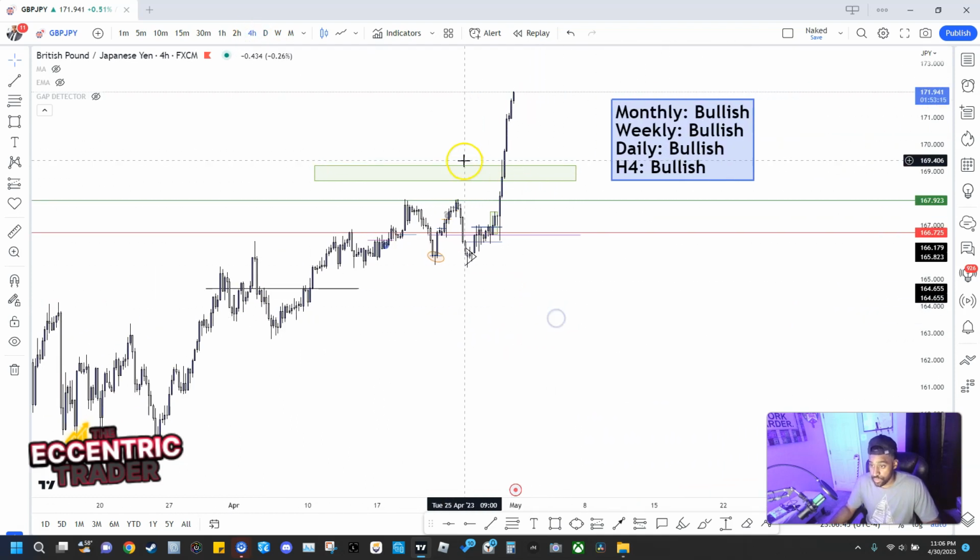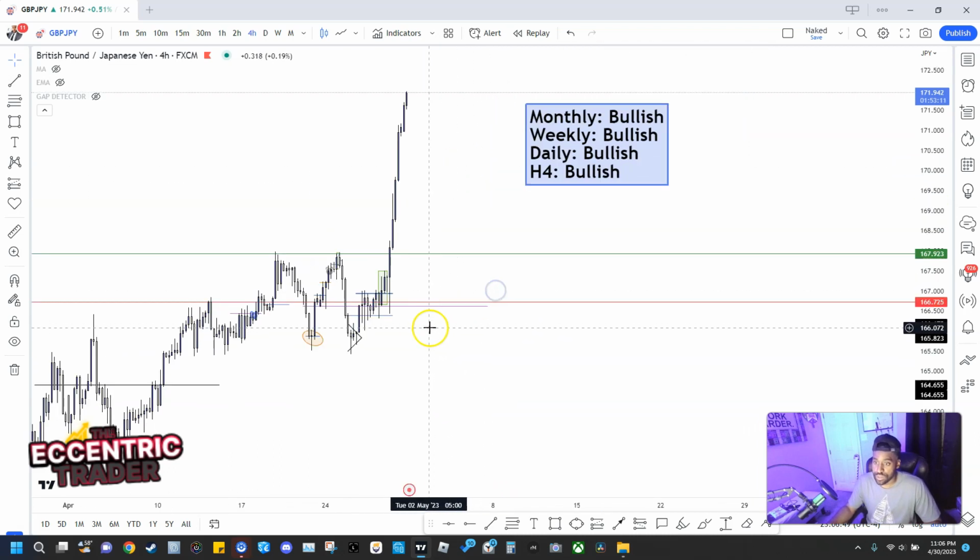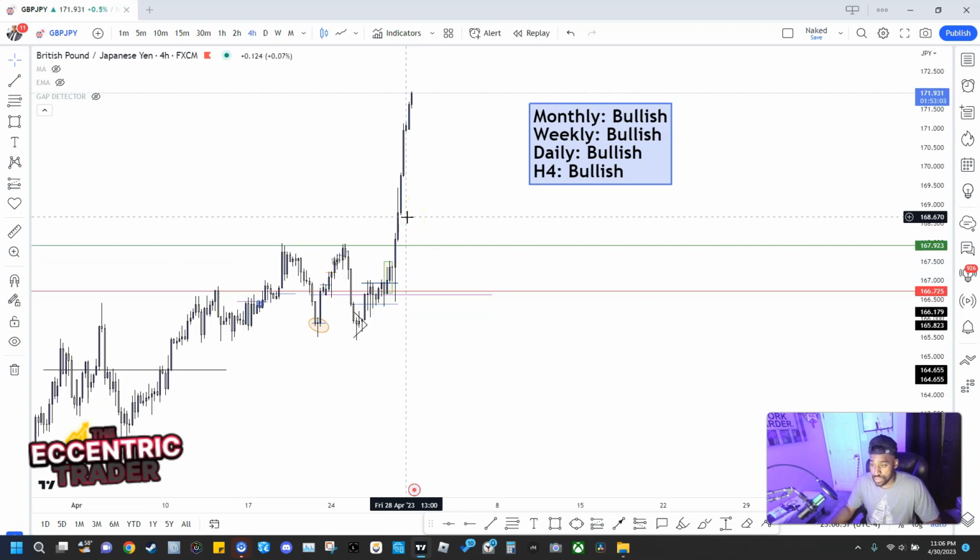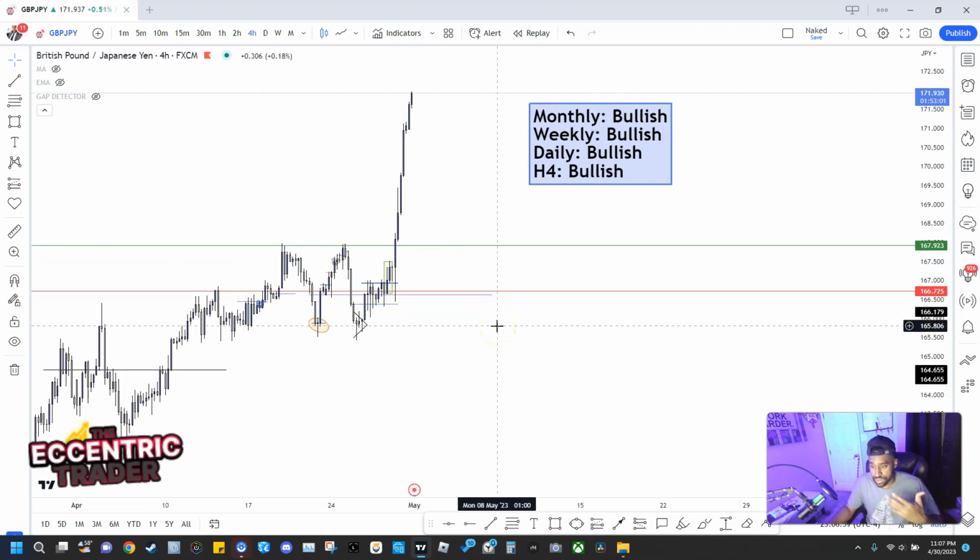Yep. Where am I in structure? You can clearly see this level of resistance right here being broken. Now, depending on what type of trader you are, whether you're a swing trader or intraday, I would wait for price to come back down and test newfound support, if it wants to do that.